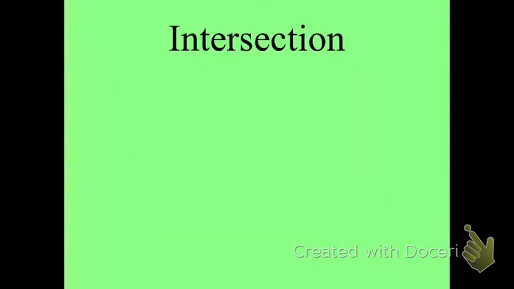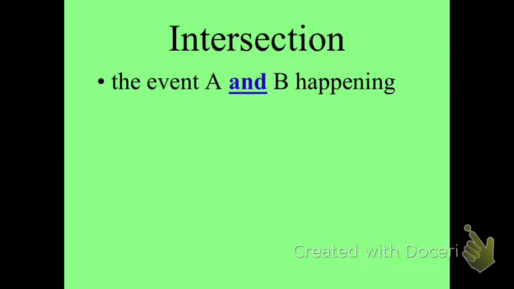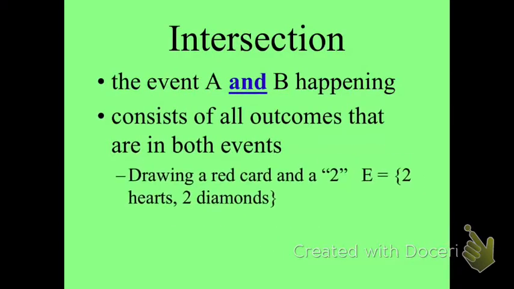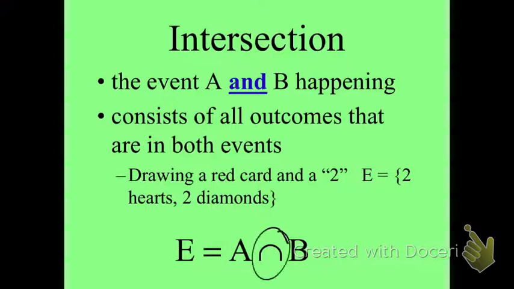Intersection is A and B happening, so drawing a red card and a 2. The notation for and is like a rainbow, an upside down U. Intersection is when they both occur.